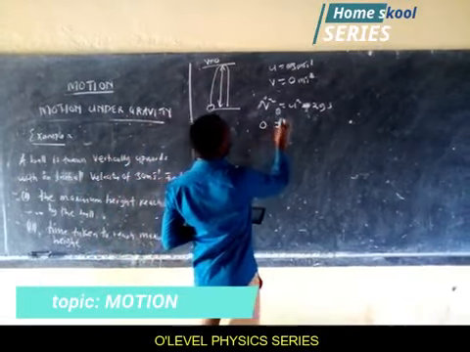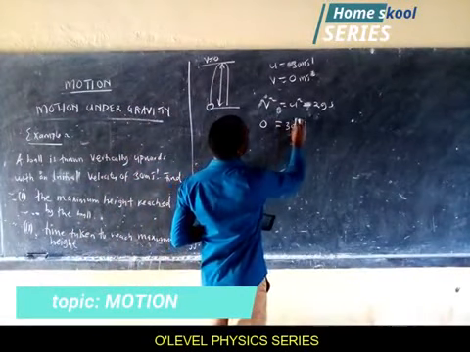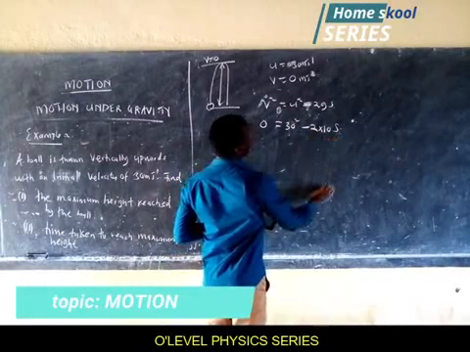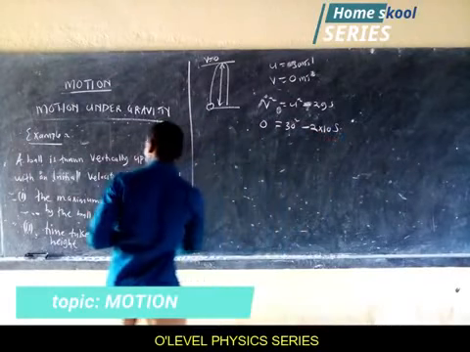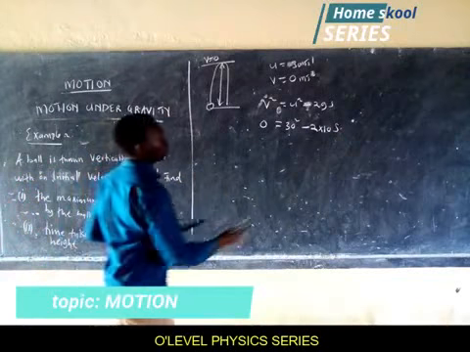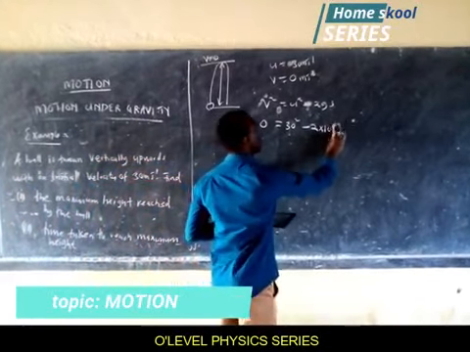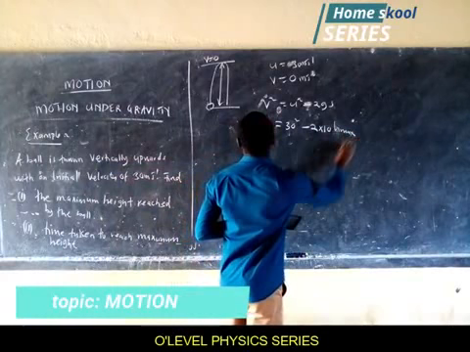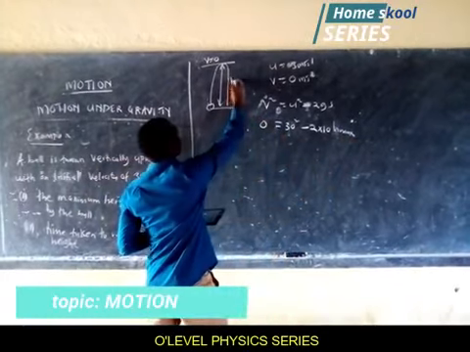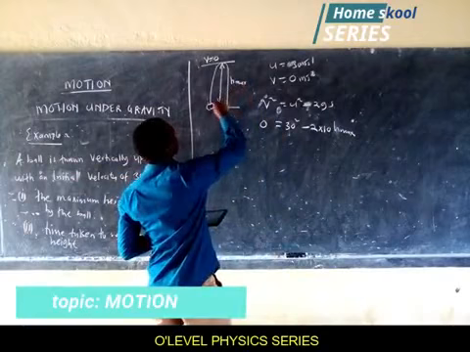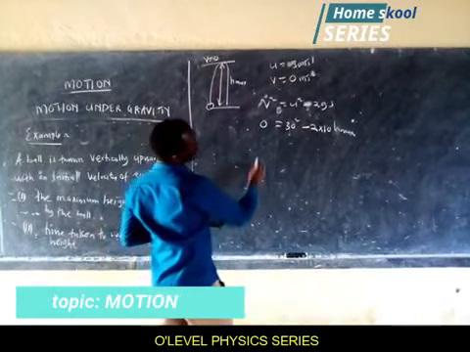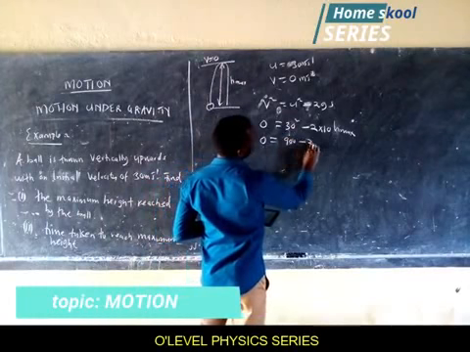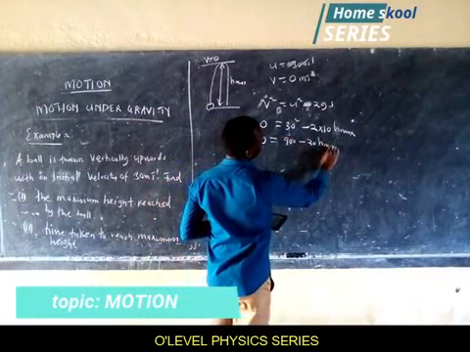It equals U, which is 30 squared, minus 2 times G, which is 10, times S. This S I'm using as H max, the maximum height attained, or the distance traveled. So this becomes 0 equals 900 minus 20 H maximum.